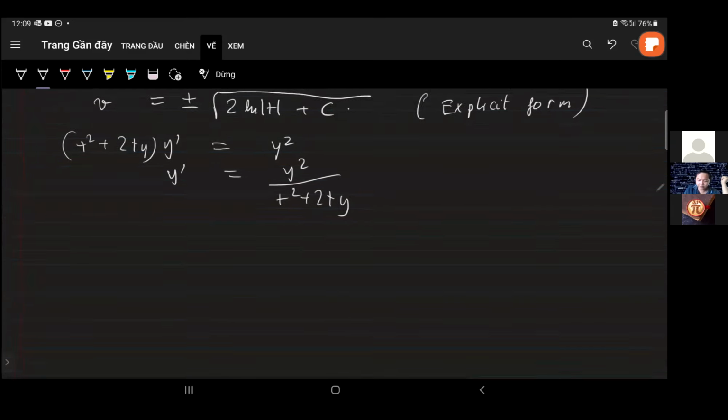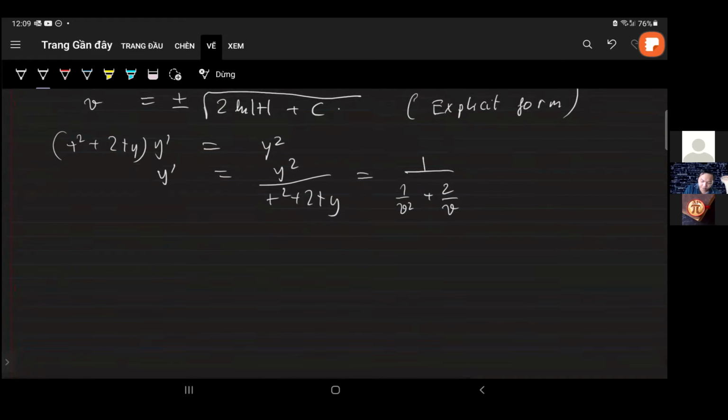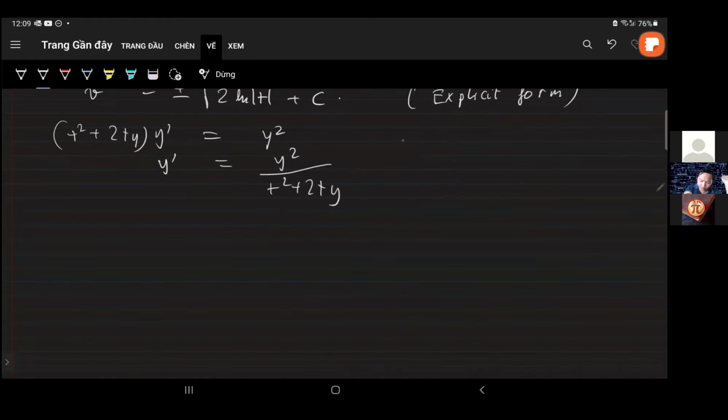Okay, if you have a better skill at recognizing patterns, then you can easily get that this is equal to v squared over 1 plus 2v. If you have good skills of recognizing patterns, then it's easy to do. But if you don't, what is the best way for us to remember?